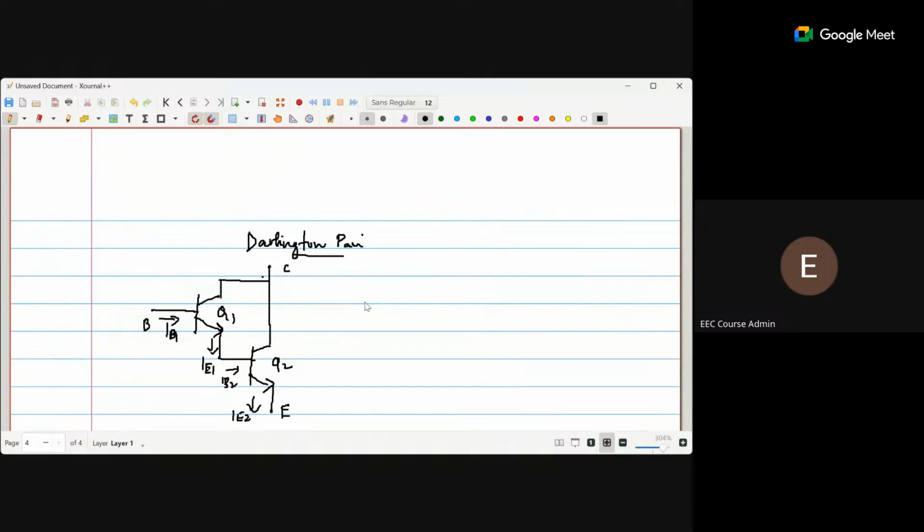The Darlington pair is otherwise called as, do you remember? I think it's mentioned in the week 9 lecture, problem solving.